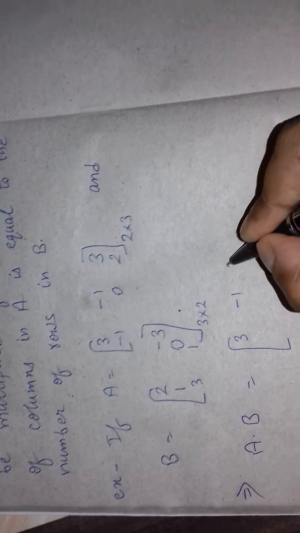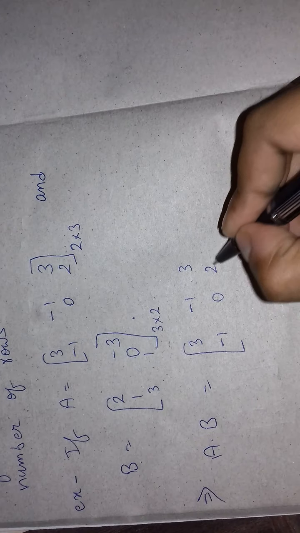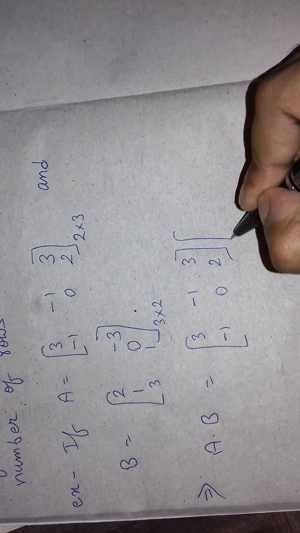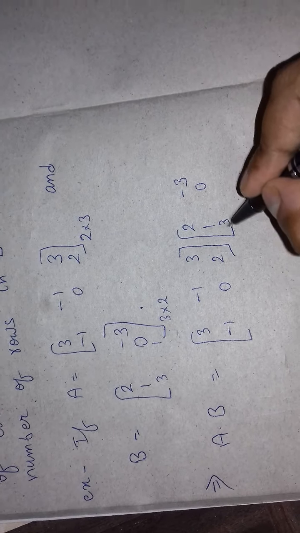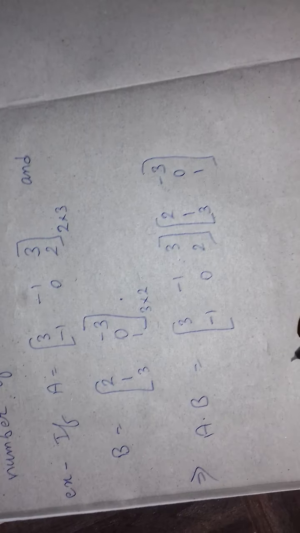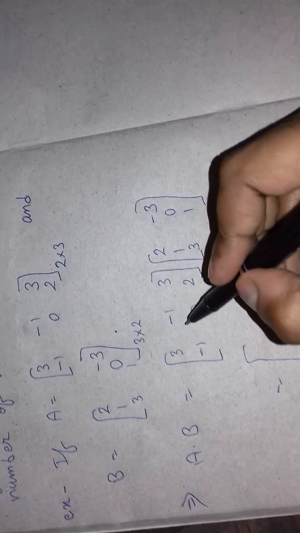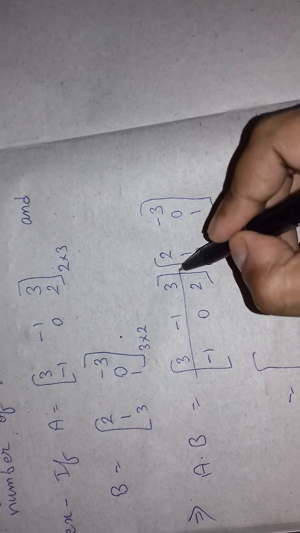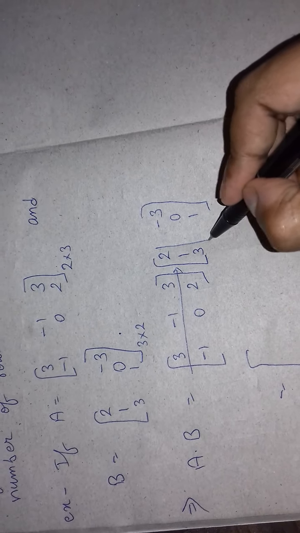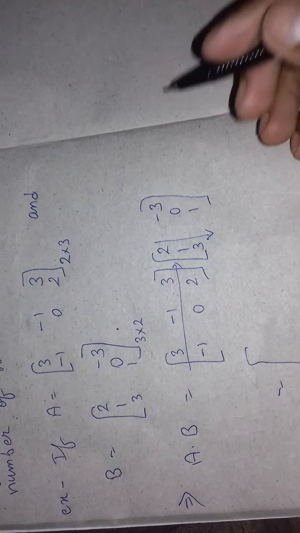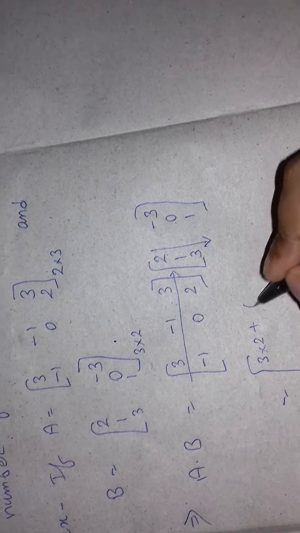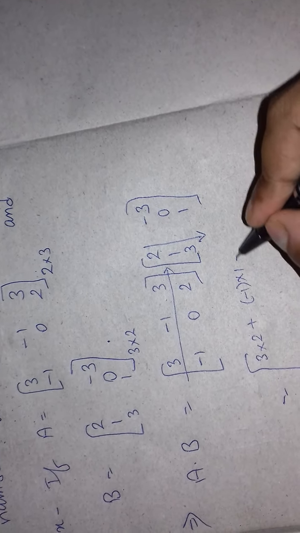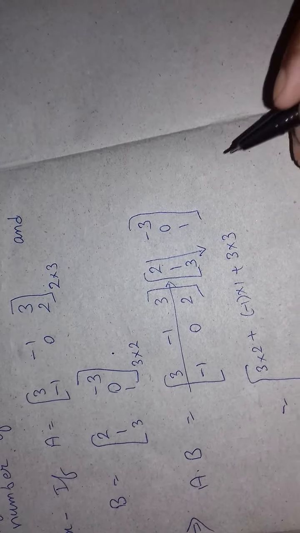So [3 -1 3; -1 0 2], and we have to multiply this with [2 -3; 1 0; 3 1]. So now we will multiply the first matrix row with the columns of the other matrix, means 3 into 2 plus minus 1 into 1 plus 3 into 3.